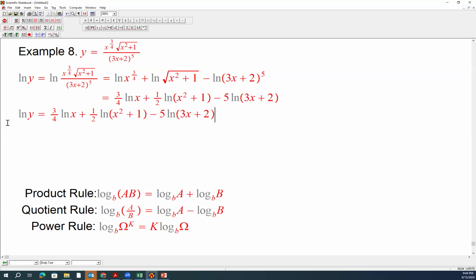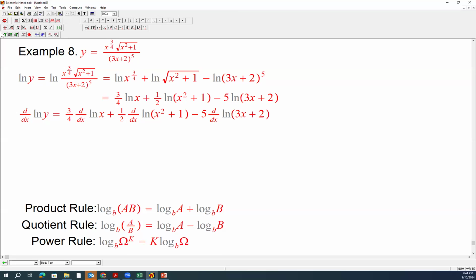Next we're going to take a derivative. This is going to be implicit differentiation, so we take a derivative on both sides, on every term, working on the part with the variable.